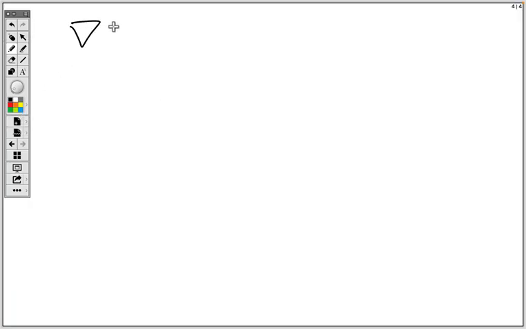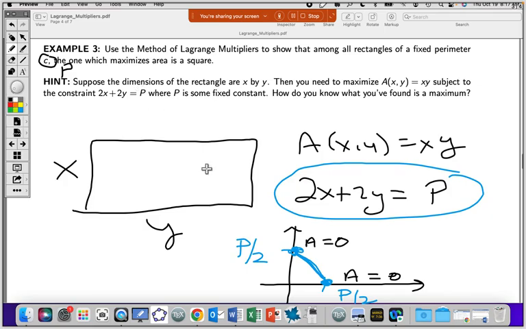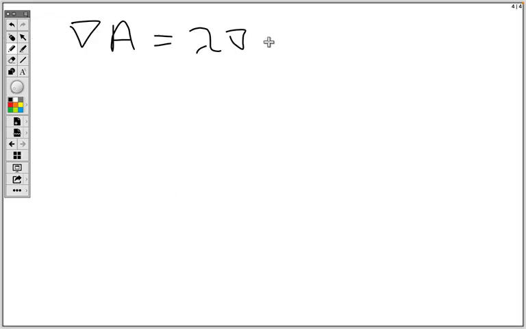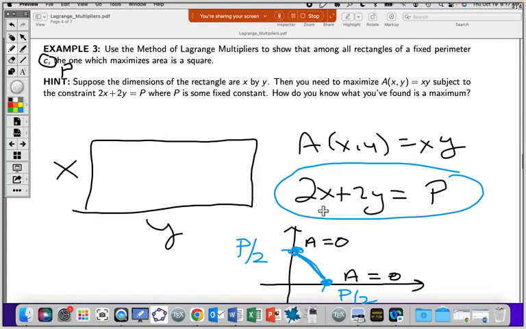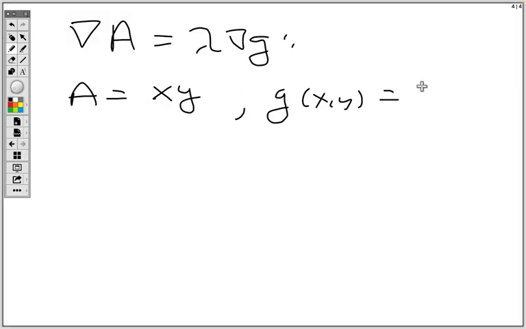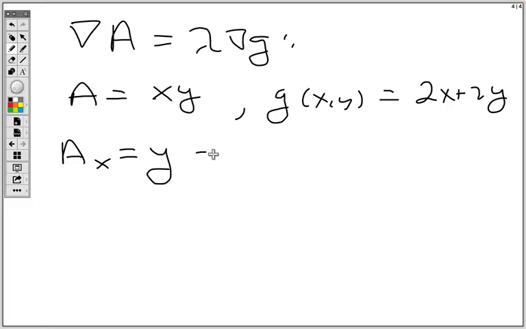So we want the gradient of A to be lambda times the gradient of, well, I guess that's our G here. So the A is xy, and our G of xy, well, we could just take that to be 2x plus 2y. And so I got my A_x, the partial with respect to x, treating y as a constant.